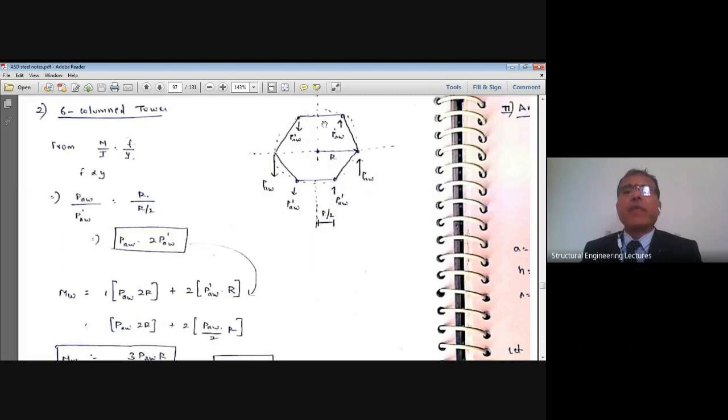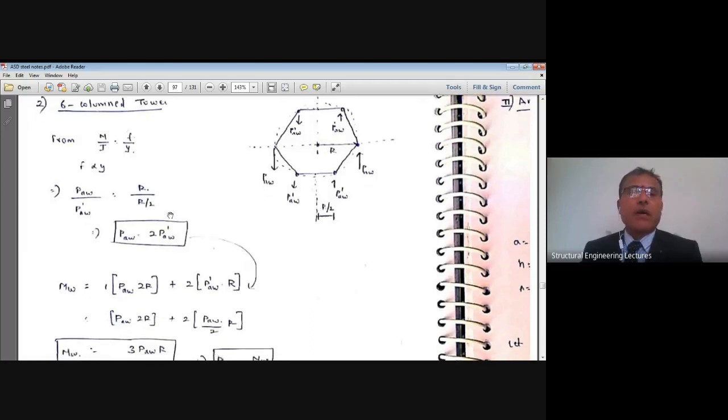Overturning means it is bending. Hence, from this vertical axis, the stresses are developed corresponding to the distance. F is the stress in that fiber, in that section. Y is the corresponding distance from the axis of bending, or axis of rotation, or axis of tilting as appropriate.